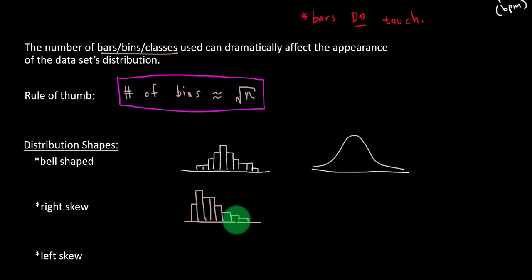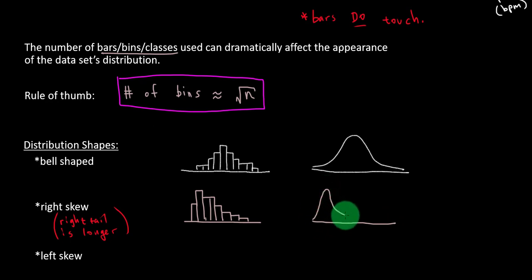So a right skewed distribution, the right tail is longer. If we were to draw this in a more smooth curve fashion, I would draw a peak over here on the left and then extend that right tail out.